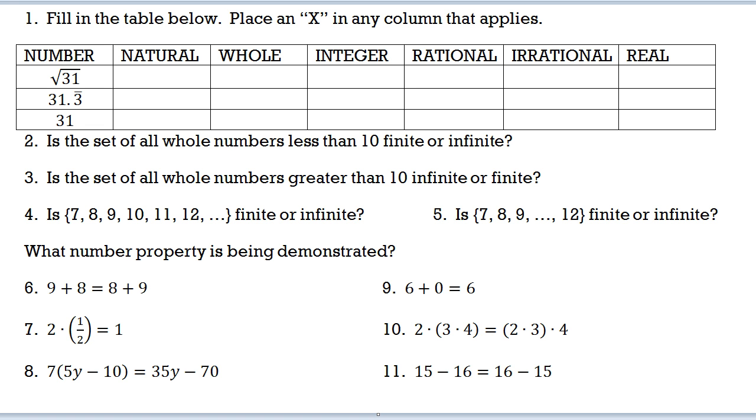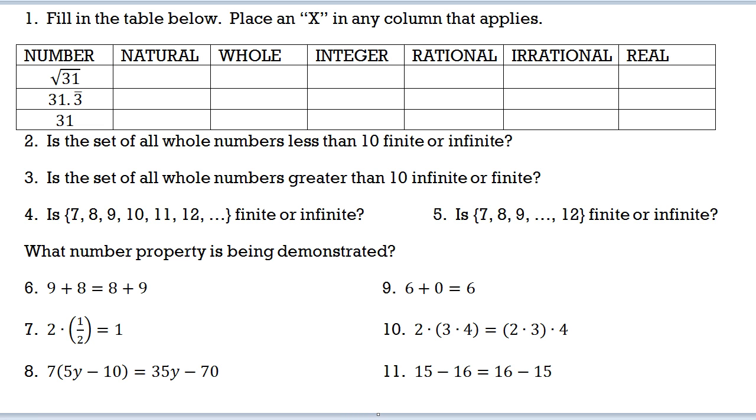So the first number that we have to classify here is radical 31. So this is where you would have to ask yourself what the square root of 31 is. And I don't know. I know it's between 5 and 6. I know it's a little bit bigger than 5.5.